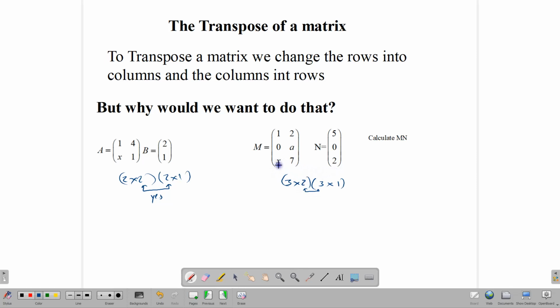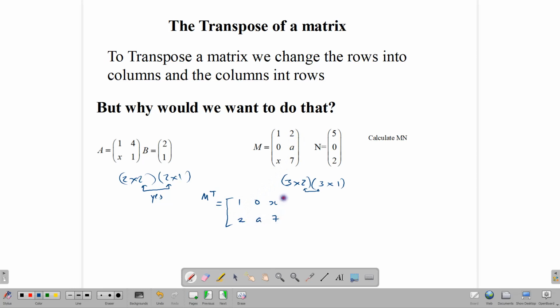So let's transpose matrix M by turning the rows into columns. Now this is the first column, so we're going to turn it into the first row. So we write M^T to mean M transpose, and we start with this first column, and it becomes the first row. So we have 1, 0, x, and the second column becomes the second row, 2, a, 7.